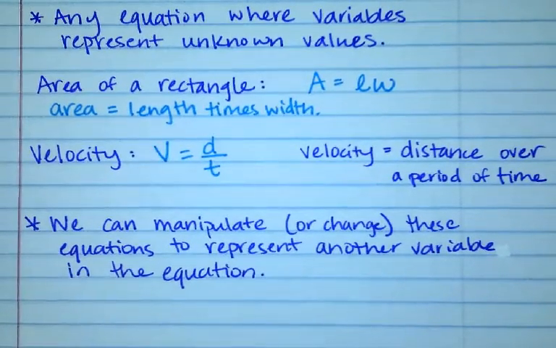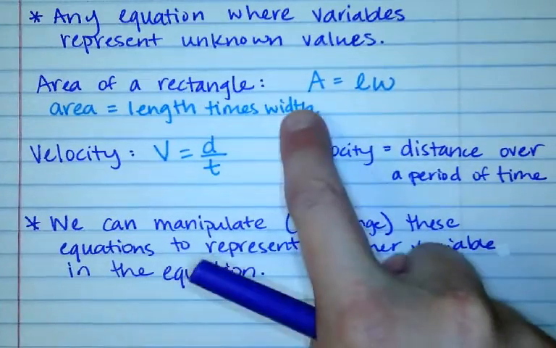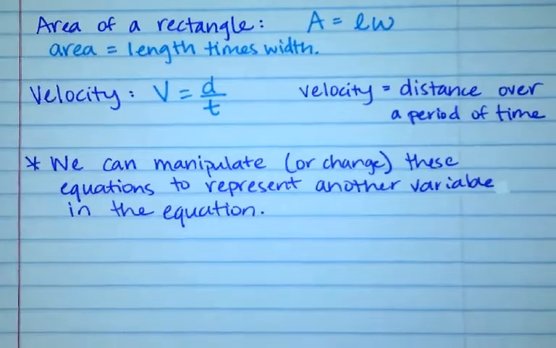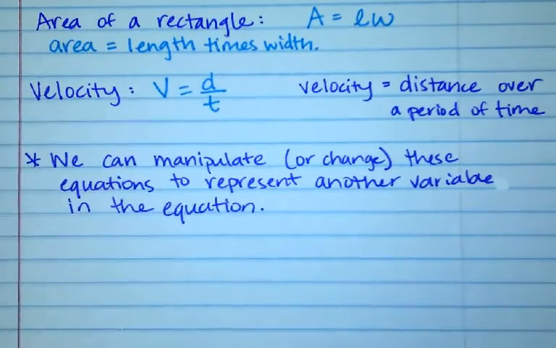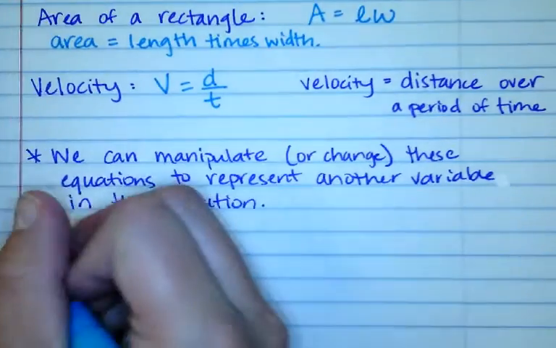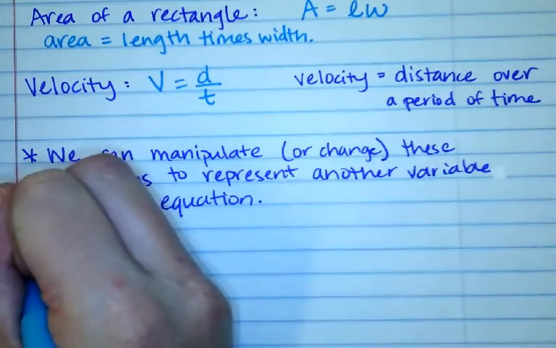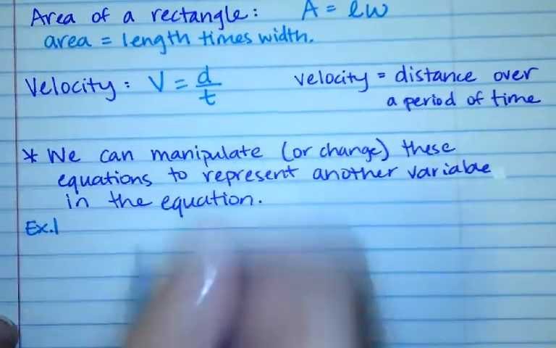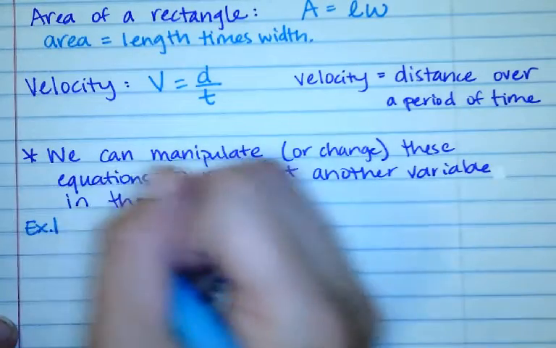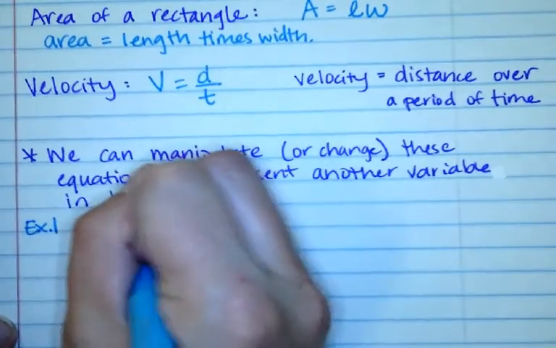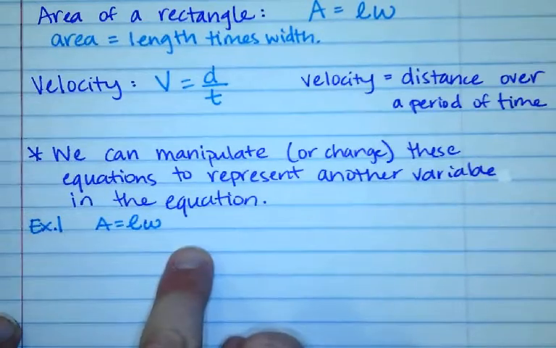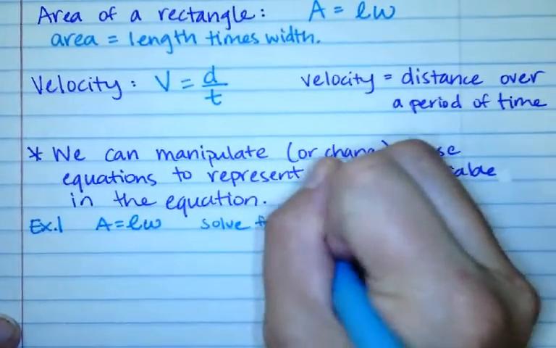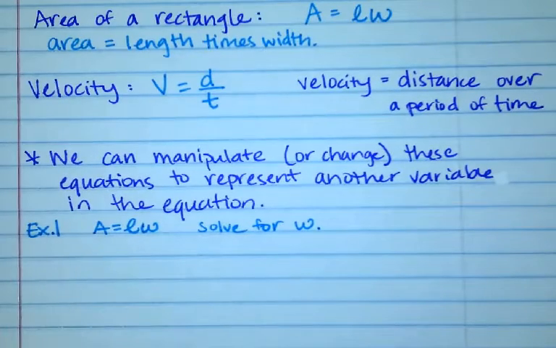Okay? So area equals length times width is a great equation. But if we're not looking for the area, let's talk about some examples. For example 1, we are going to use our area formula, but instead of area equals length times width, I want you to solve for W. I want to find out what the width is, not what the area is.